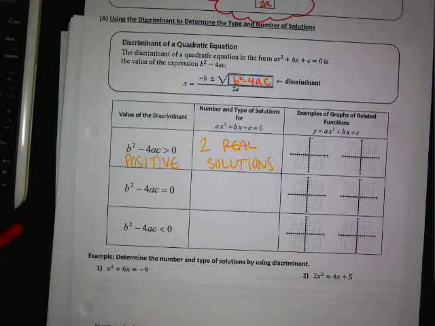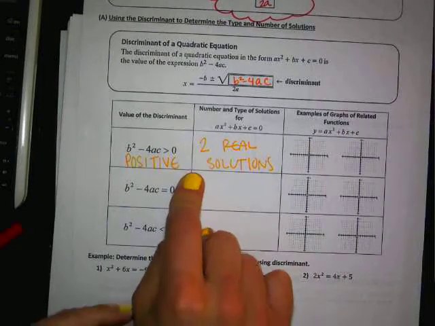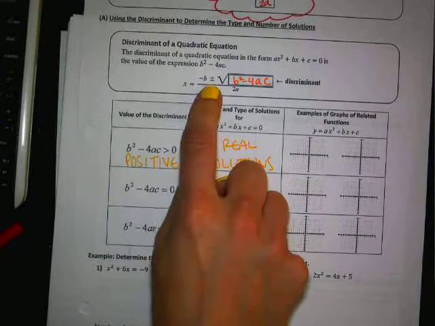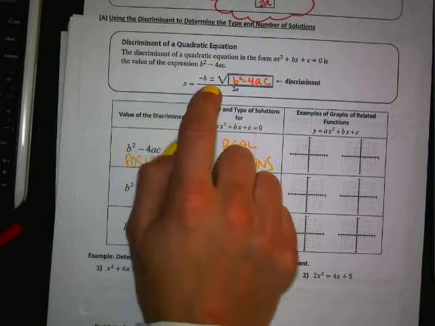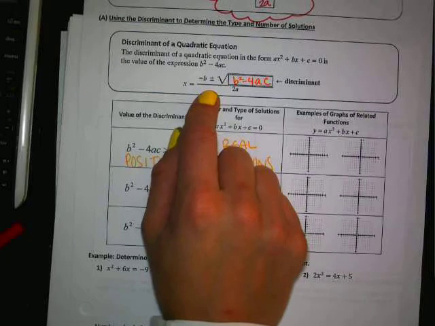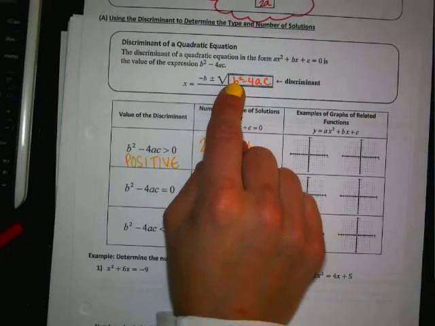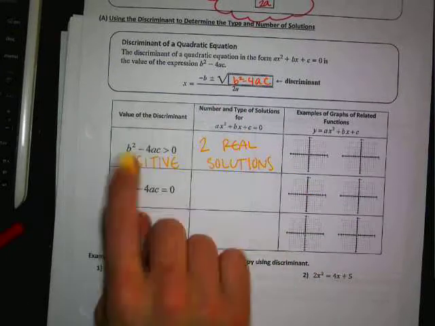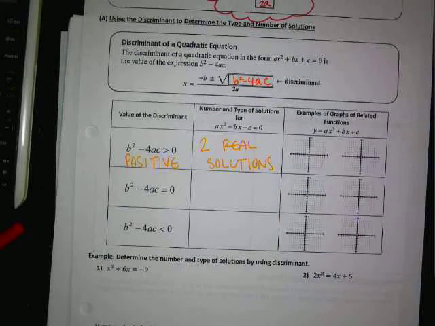We know this because of the plus minus sign. The plus is going to give us one solution. The minus is going to give us another solution. And because it's positive, it'll be some number. Does that make sense?